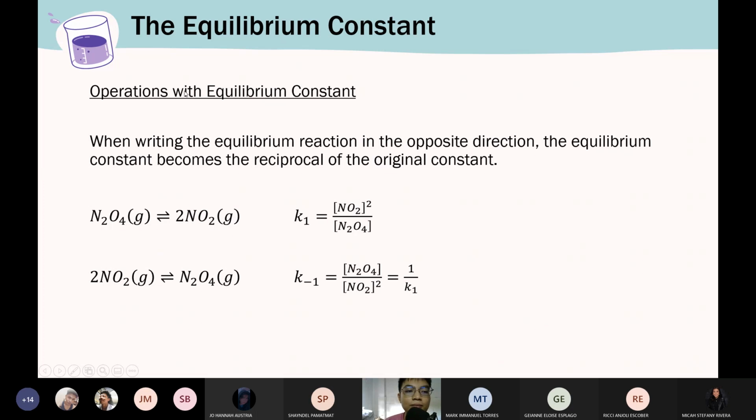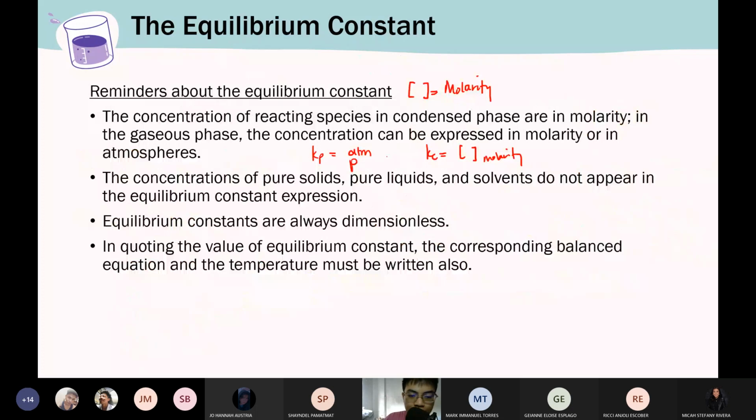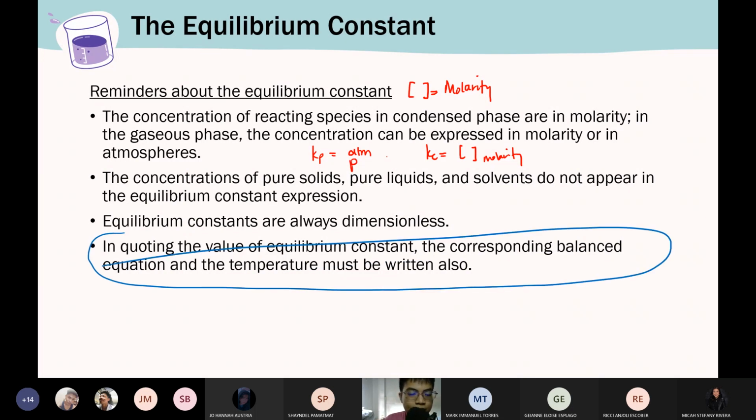So, operations with equilibrium constant. Earlier, we said that in quoting the value of the equilibrium constant, the corresponding balanced equation and the temperature must also be written.